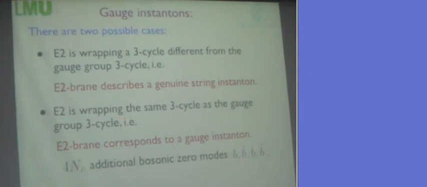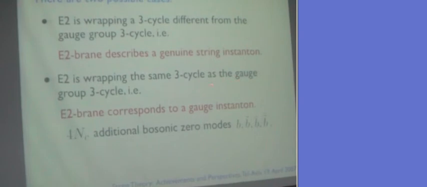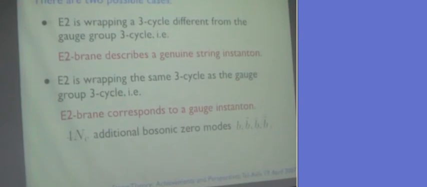Of course, the other case is that the E2-brane wraps precisely the same 3-cycle as the gauge group cycle, and then the E2-brane precisely corresponds to a, say, good old gauge instanton, and in this case we have these 4 NC additional bosonic zero modes, which I have denoted before by B and B tilde.